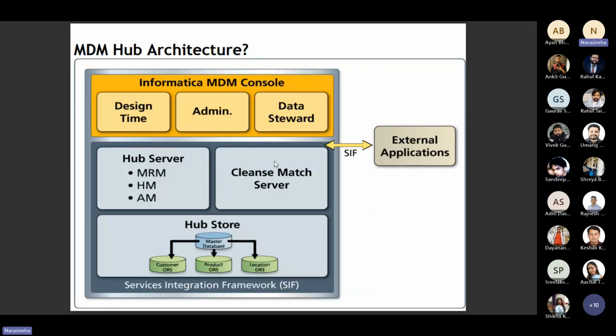So now let us talk about, so far we just talked about this portion, right? Which is the left part of this diagram. On the right side, there is an application, right? Which means once you perform some MDM hub operations, we need to get it communicated to external applications like Amazon, Salesforce, any other application.